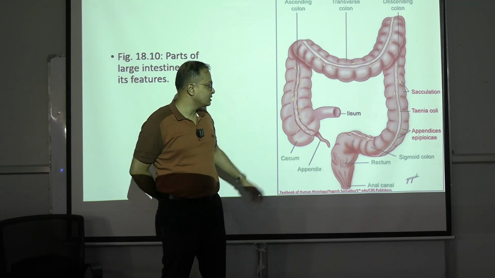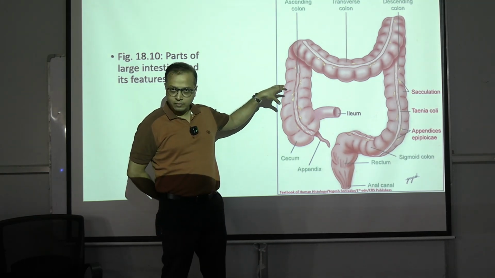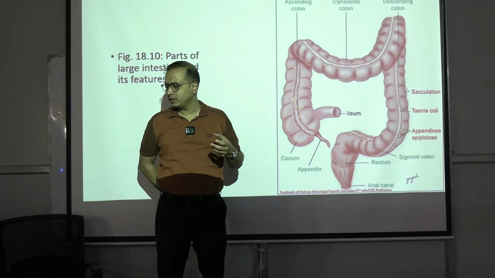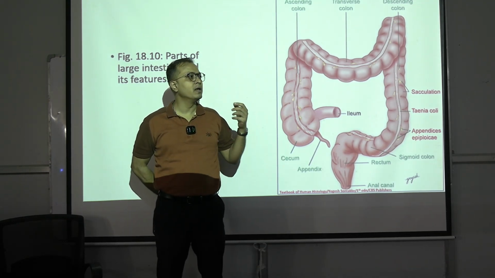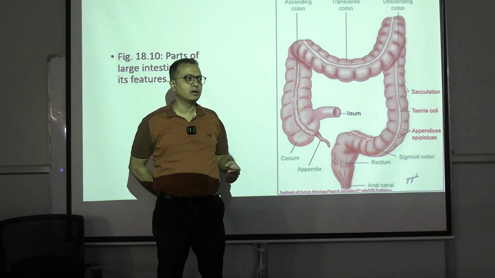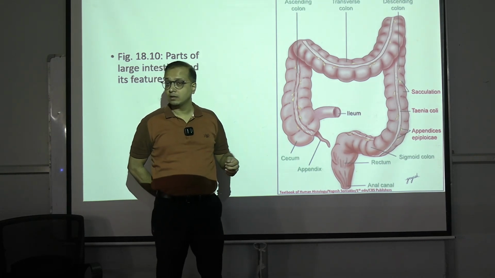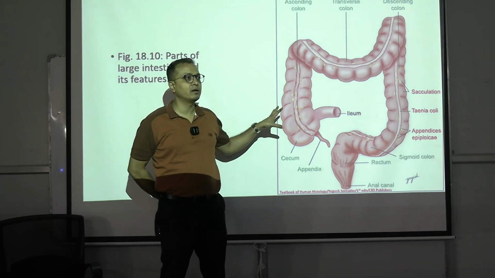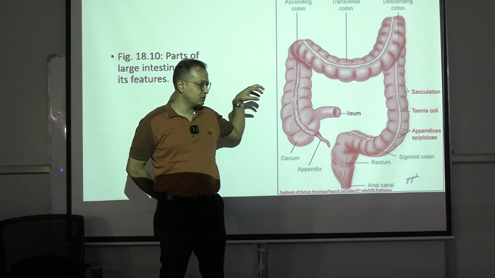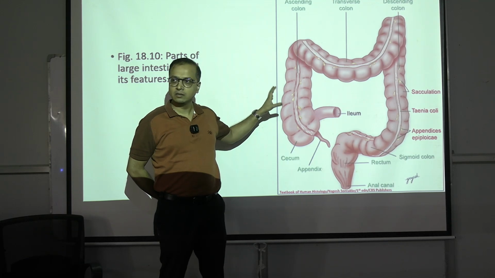Now, talking about the features which separate the microanatomy of the large intestine from the small intestine: the hallmark for identification of the small intestine is the presence of finger-like projections, which we call villi. That is very unique to the small intestine. The large intestine does not have that kind of villi. So, there is an absence of villi.